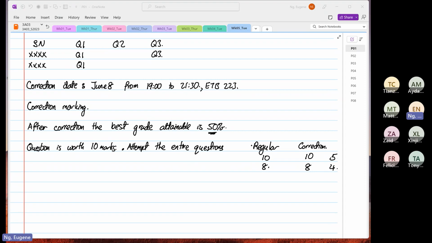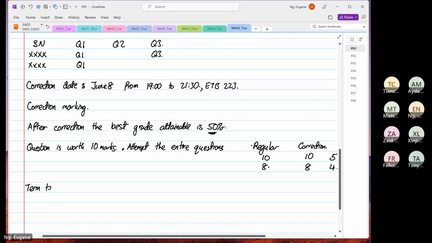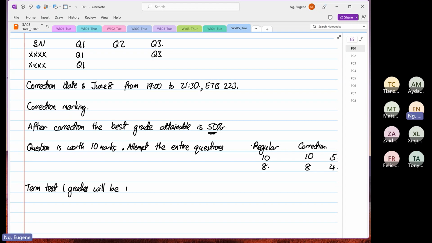So the term test 1 grades will be released, they will all be available on June 13.